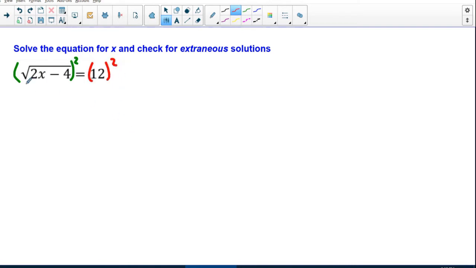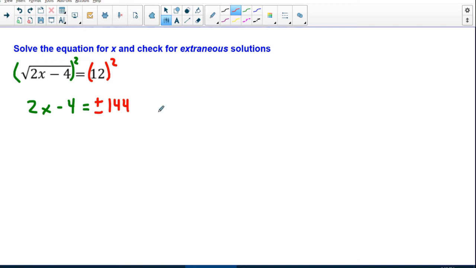Okay, so on the left-hand side, these will cancel. Square root and square cancel, which is what I want. I want these to go away to make my life easier. Over here, I'm doing 12 squared. Notice when you square a square root, you're going to end up with a plus or minus. So 12 squared is going to end up with a plus or minus 144.